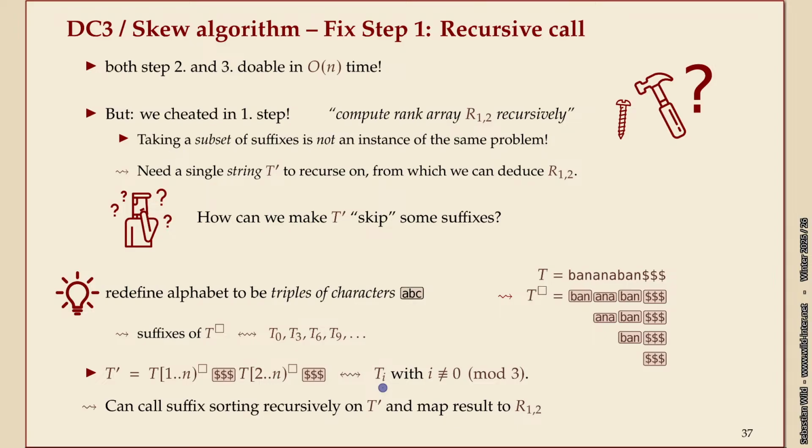Then the suffixes of this guy, if you ignore the boxes, are precisely the suffixes of the original text where the modulo 3 is 1 or 2. So we can construct this string and then recursively sort the suffixes of this string, which, because we only return a rank array, only the integers that tell us how many other suffixes are smaller, we don't even need to know that we've changed the string, right? It works the same way. Good, so that's that fixed.